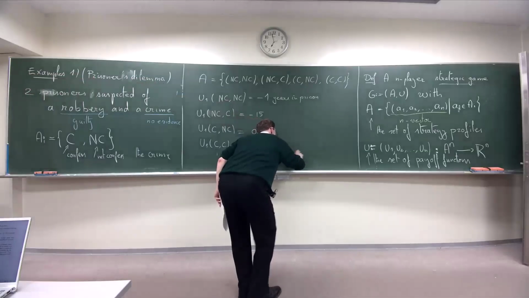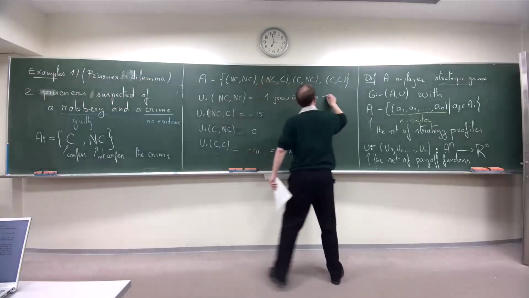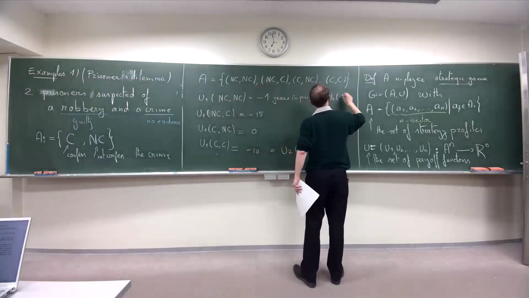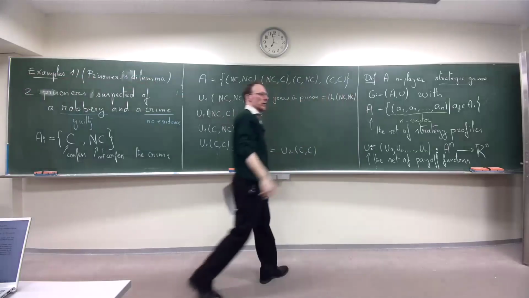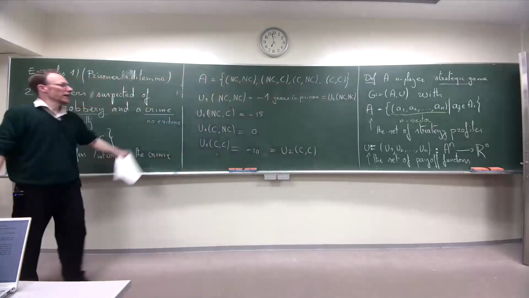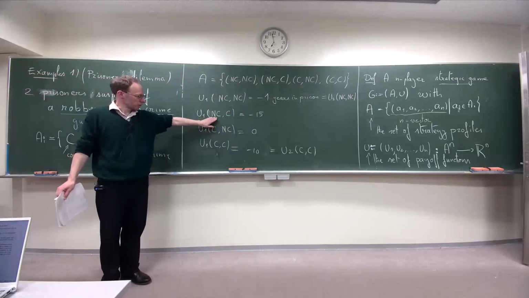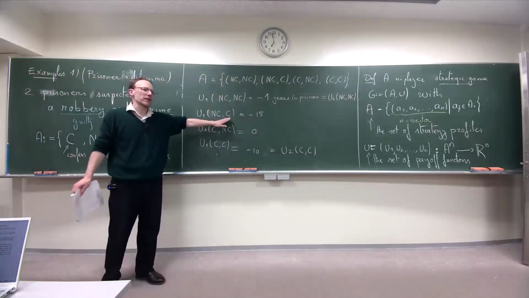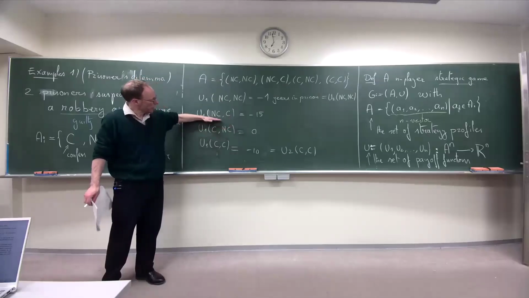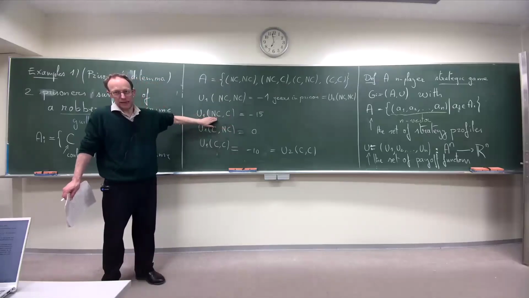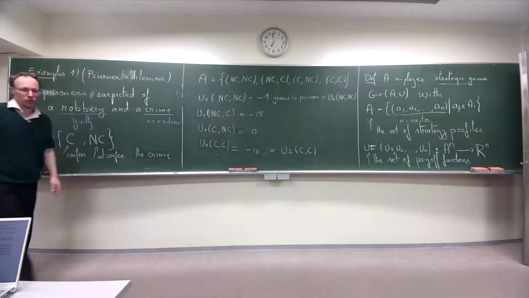This is also U2 of CC, and this is also U2 of NC. But we have two utility functions. Now what about this? If the first one does not confess and the second one confesses, then they will use the second one to make the first one guilty. That's why the first one is going to receive 15 years in prison.